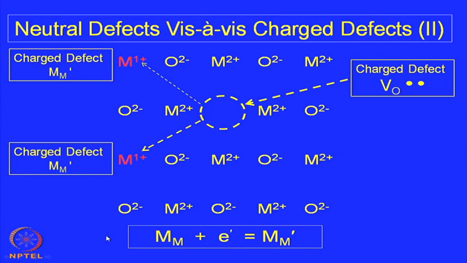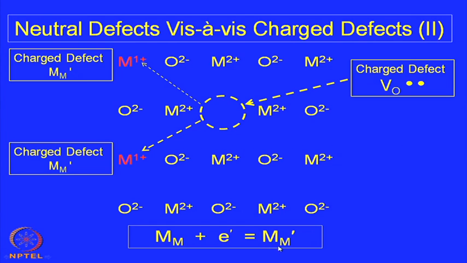So the reaction, or the changeover, is like this. M subscript M means M at M site, which means divalent, that is the normal, the regular, and that is neutral, and to that one electron has been added, released by the oxygen vacancy creation. So creation of an oxygen vacancy has released two electrons, and these two electrons have been accepted by two different cations present in the original lattice, and they have changed their valency from 2 plus to 1 plus.